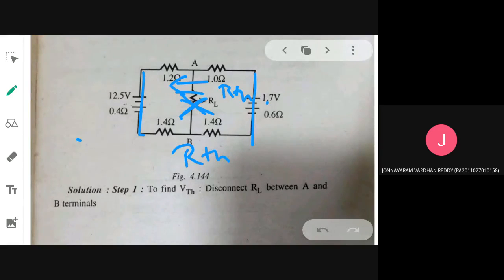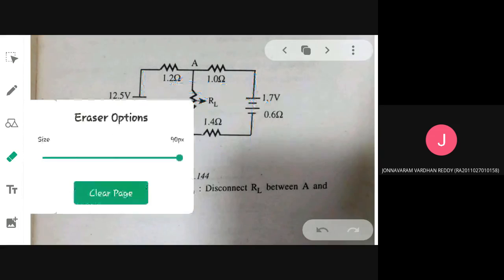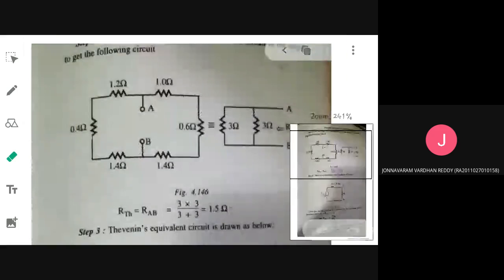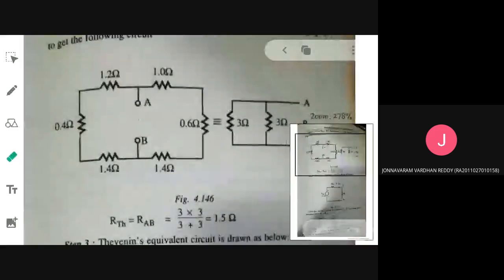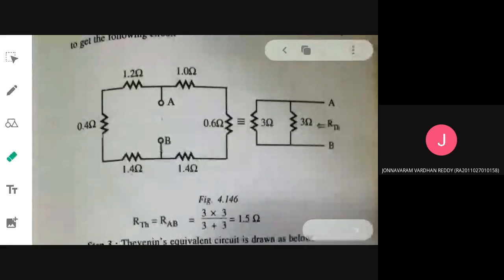Okay, let us see how they have done it. How is it being proceeded, tell me. 1.4 and 0.6 are in series, and here all are connected in series.